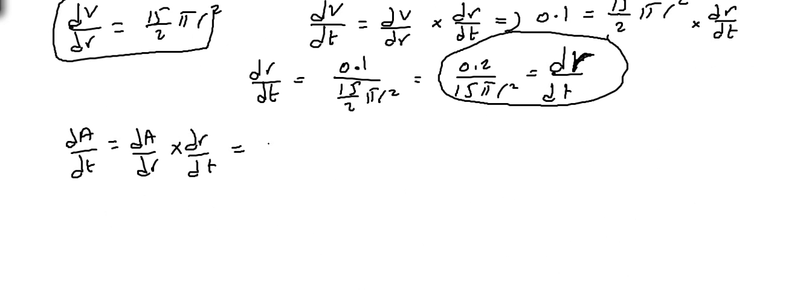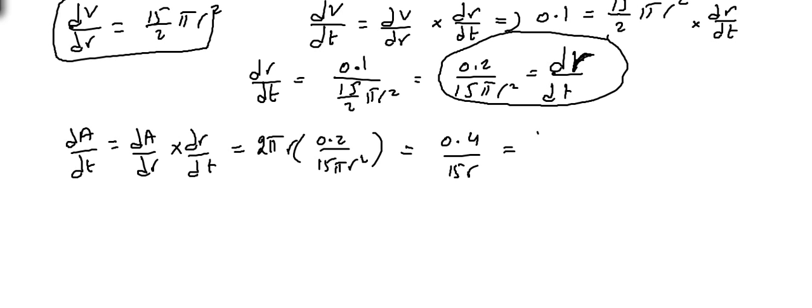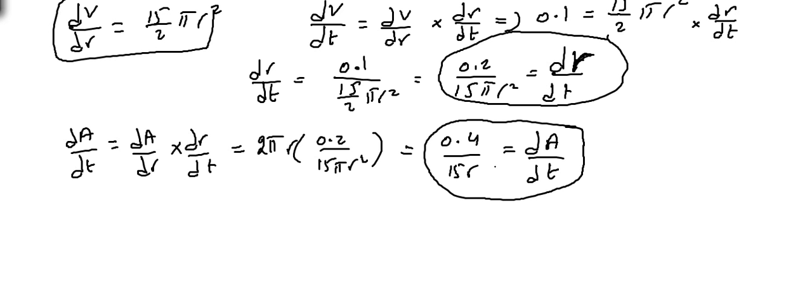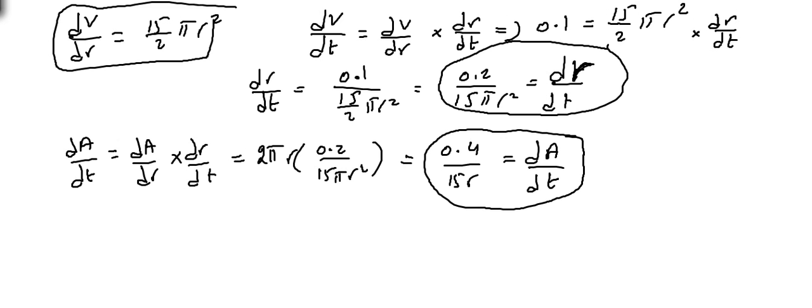The dA dr, we found it as 2 pi r. I just found dr dt, which is 0.2 over 15 pi r squared. Simplify pi and r. The final answer will be 0.4 over 15 r. And this is at any time. It's the derivative of area at any time, the area of the water poured in this cone.